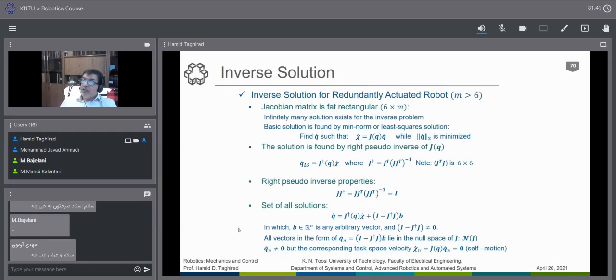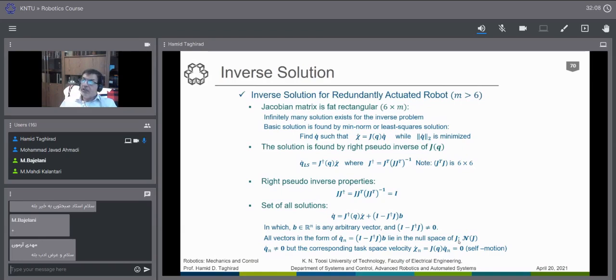The null space means that all the vectors in the form of Q dot n, all this vector I minus J pseudo-inverse J times B, for any arbitrary non-zero B, will give you a vector, we call it Q dot n, the null space vector, that lies in the null space of the J.